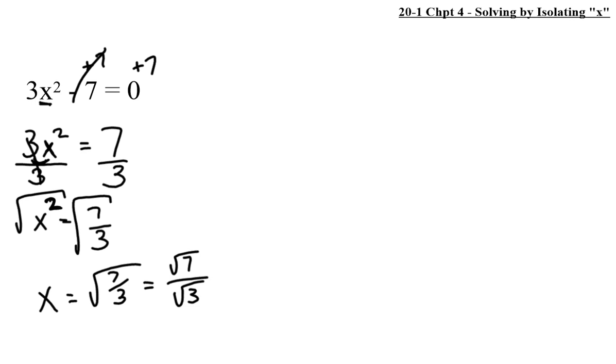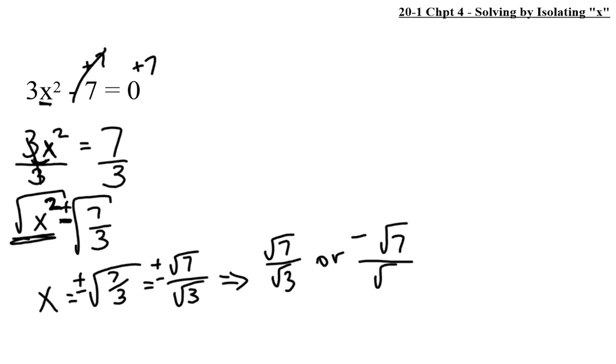No, because what did we forget? Square rooting leaves us with positive or negative as the solution. X is positive or negative root 7/3, so it's positive root 7 over root 3 or negative root 7 over root 3.